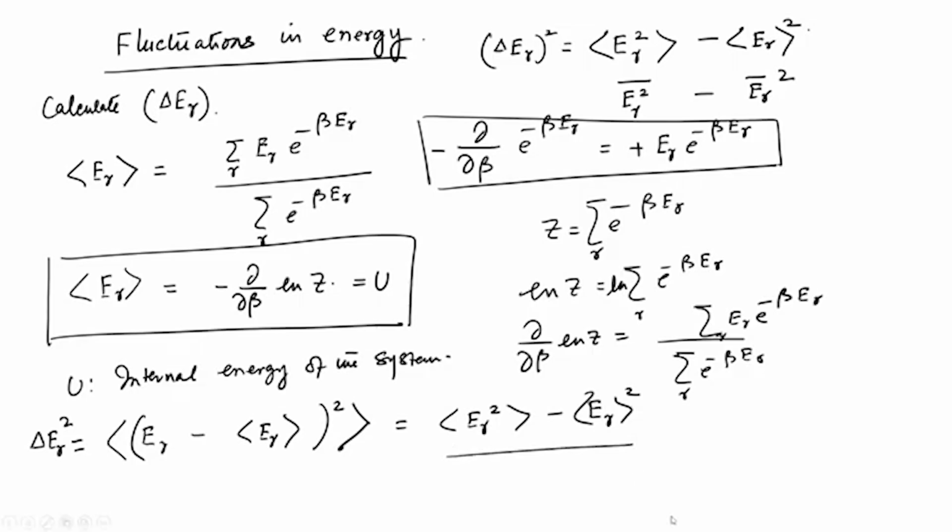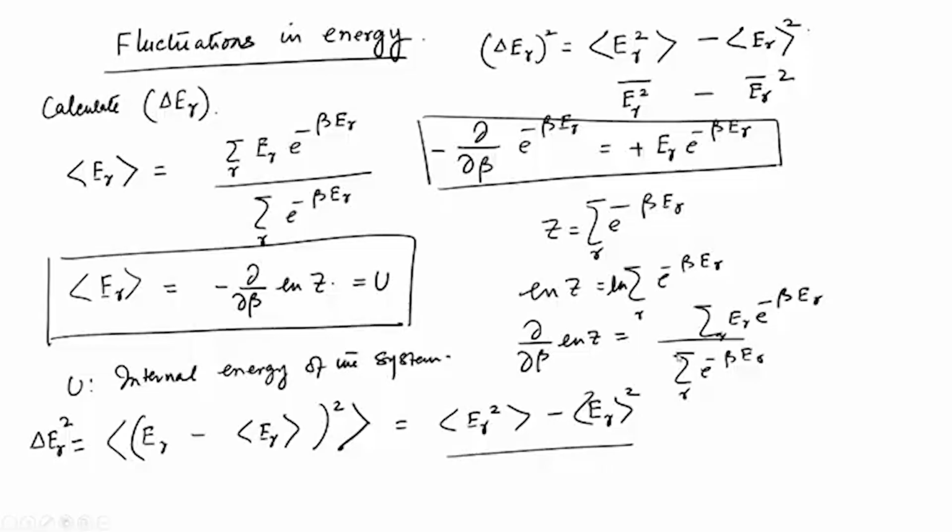We have already calculated the last one, the average of E_r. We just have to calculate the average of E_r squared, and it is not difficult to see that to get 2 factors of E_r, you have to do a double derivative of log Z with respect to beta.